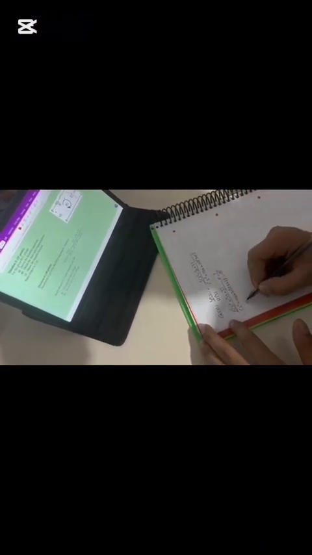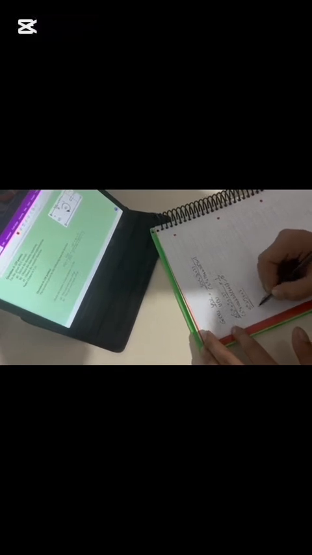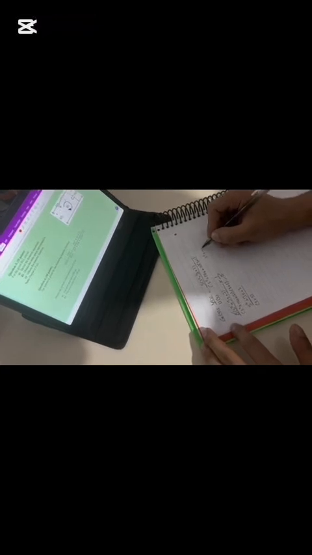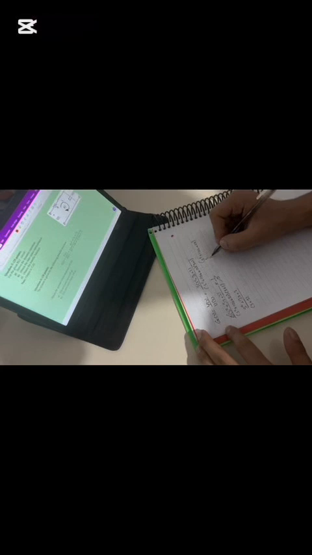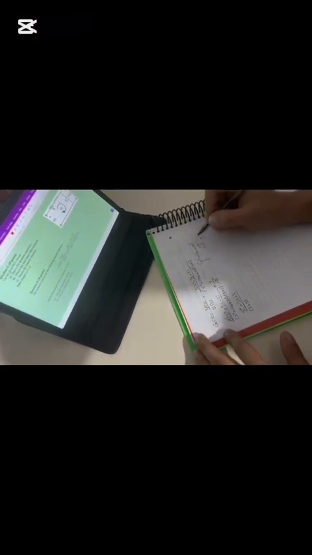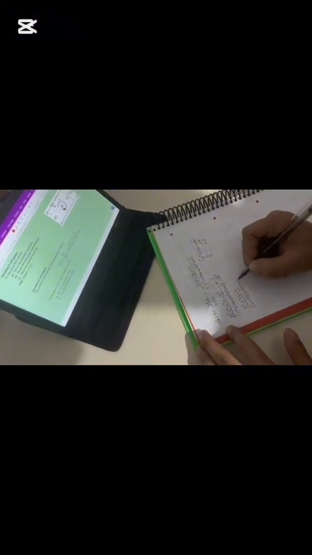We will have s squared plus 3s plus 7, and the other factor will be s plus 3. As we can see from here, s squared plus 10s plus 21. If you want to find the roots of s, 7 and 3, both of them added will be equal to 10, and the multiplication of them will be equal to 21. So as we find the roots, we will have s plus 7 and s plus 3.